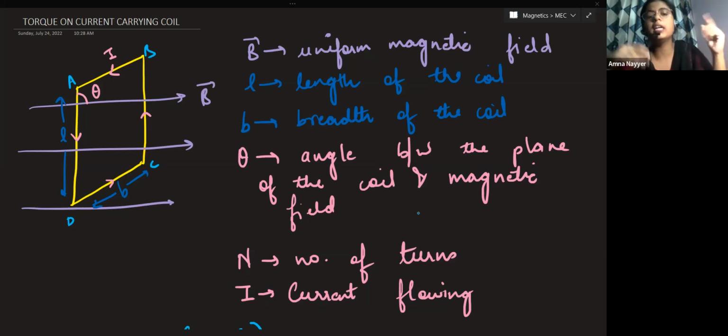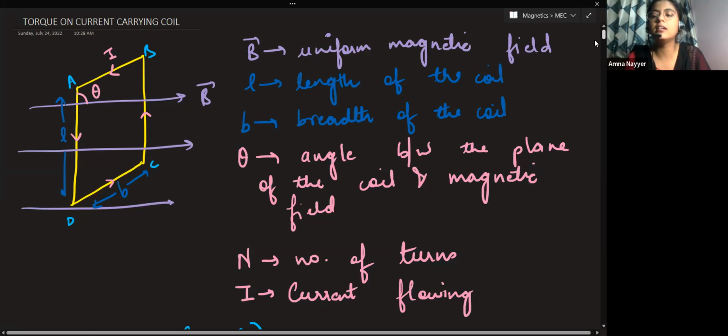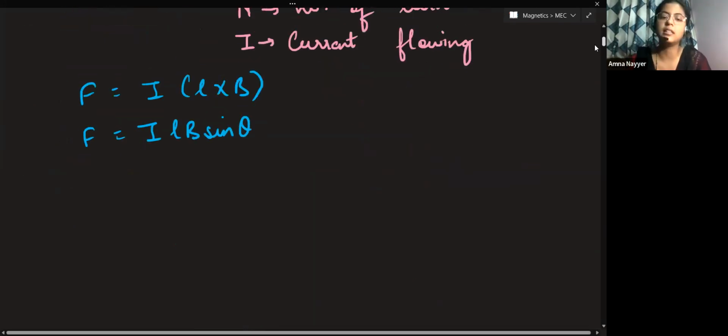So even if you're taking a different segment, BC, AD, AB, CD, any other segment, the angle won't change because the angle is kept fixed between the plane of the coil and the magnetic field. So here sine theta, we'll take as 90 degrees, as you people have answered. So this becomes ILB sine 90 degrees, that is ILB.